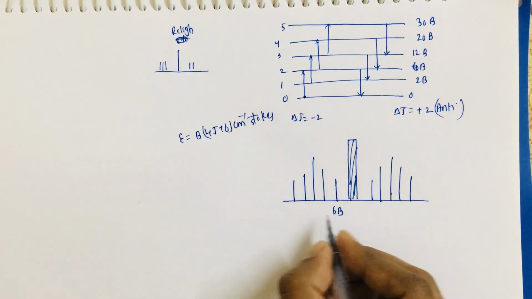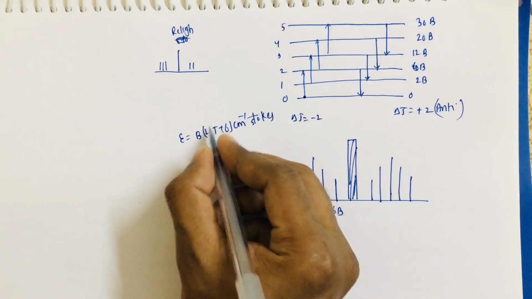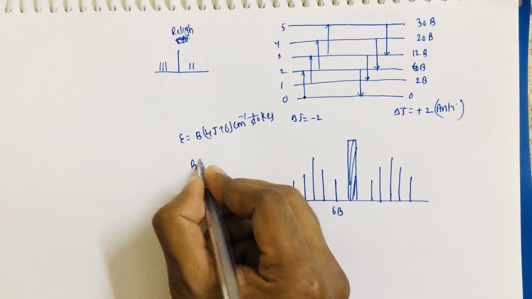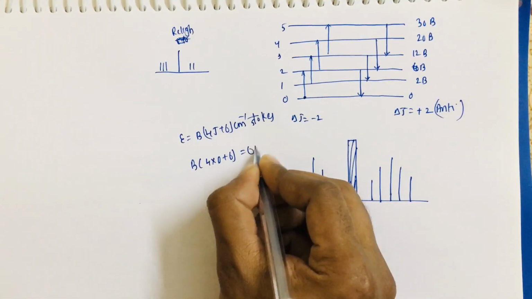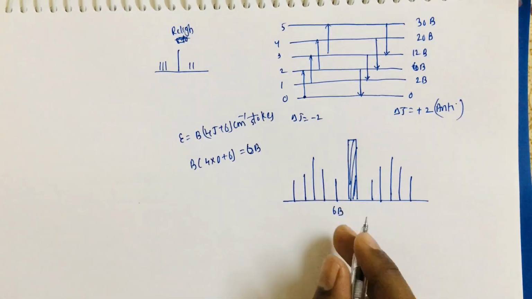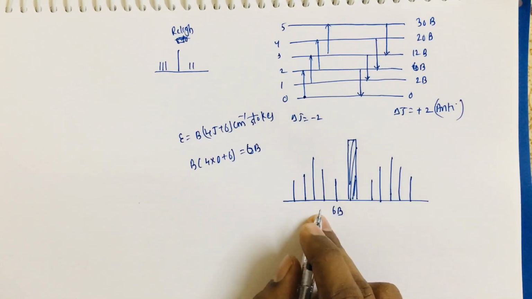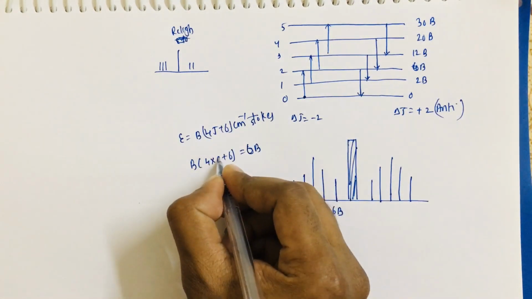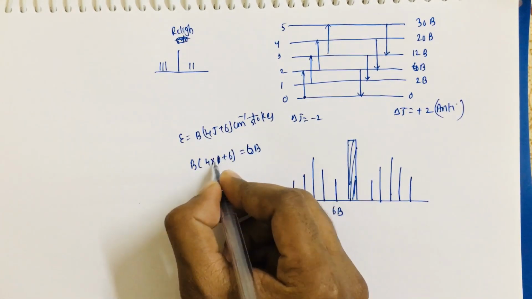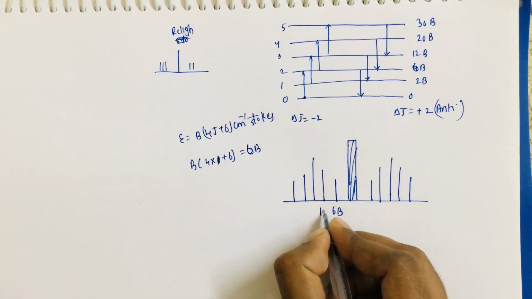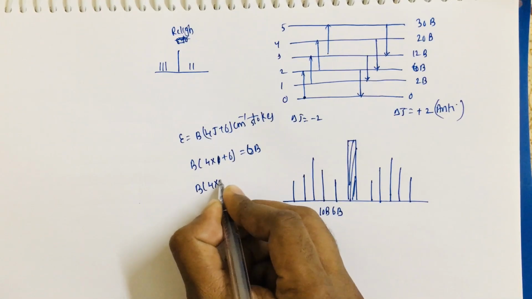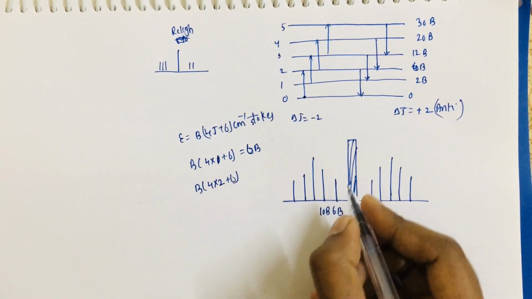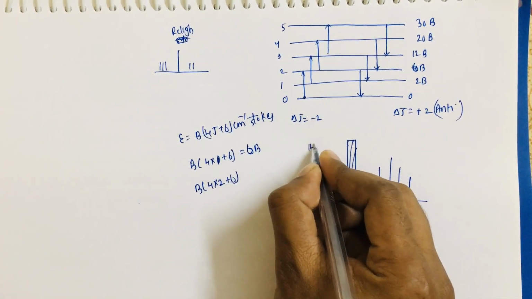So now keep 0 here in place of J. This will be 4 into 0 plus 6, so 6B. That 6B is coming here, and for the next level, just keep 1 here. 4 ones are 4, this will be 10B. For the next one, B(4 into 2 plus 6) equals 14B.